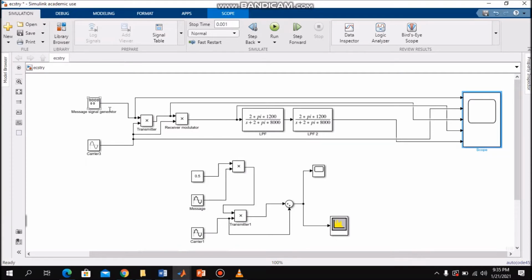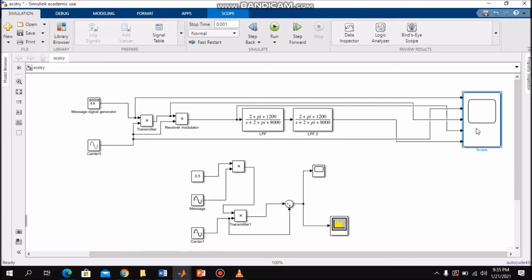Here we have the message signal generator, the carrier, and the product block, which represents the transmitter and also the receiver modulator. And this is the low pass filter, where we have used two blocks.